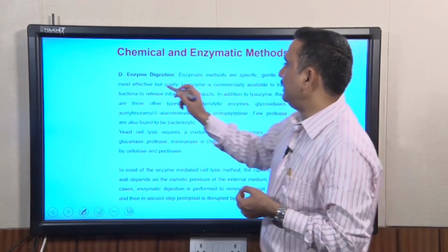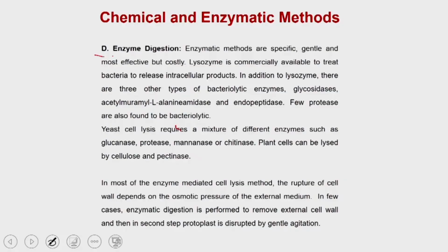Apart from that, we have the enzymatic digestion. One of the classical enzymes which we have already been discussing is the lysozyme. Enzymatic methods are very specific, gentle and most effective because the enzymes are specific for a particular type of biomolecule. But enzymatic methods are very costly because all these enzymes you have to procure in a very purified form, and they are commercially available, so they will be very costly.